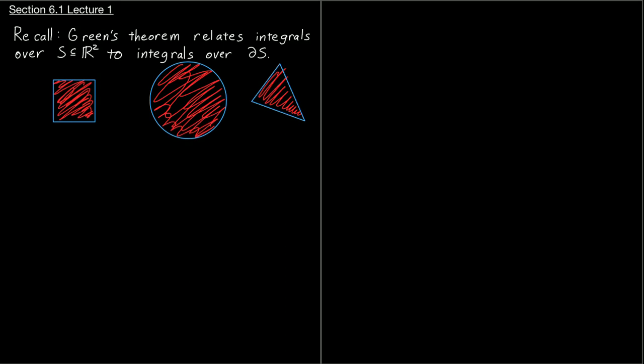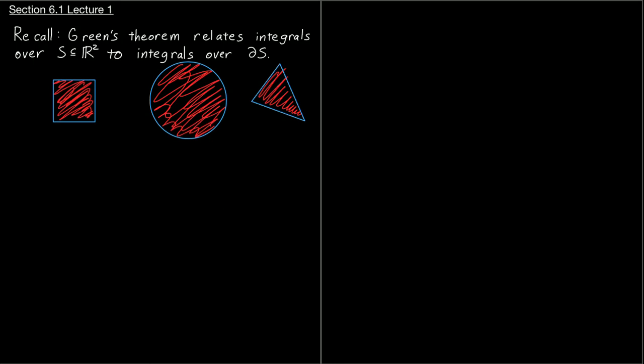Now if you look at these regions, the square, the circle, the triangle, all those guys, their boundary looks one-dimensional. You remember I drew the boundary without ever picking my pencil up.